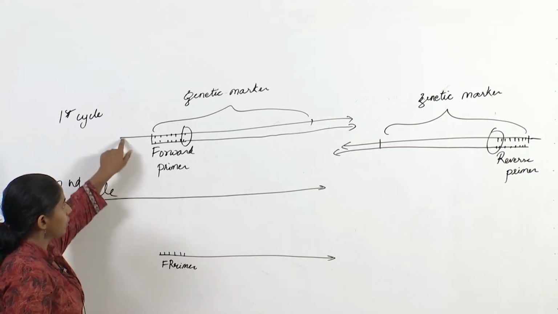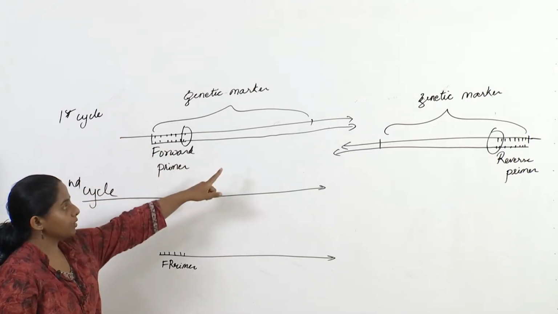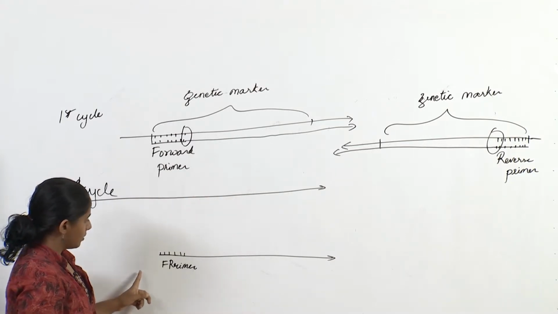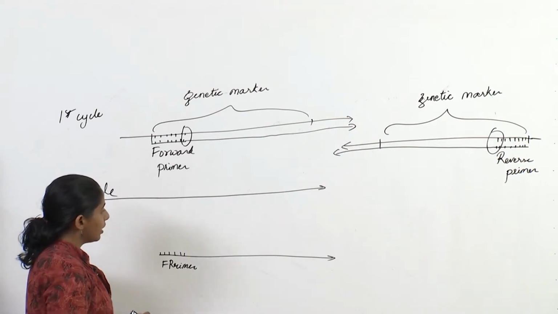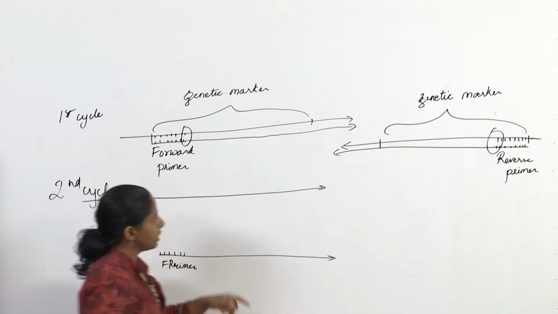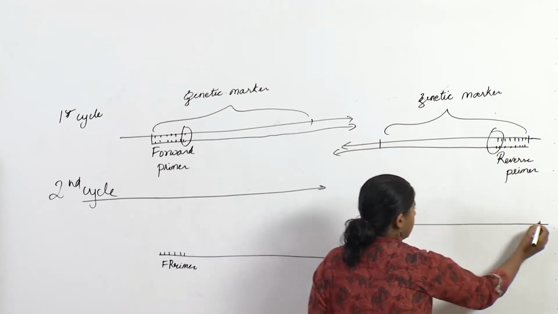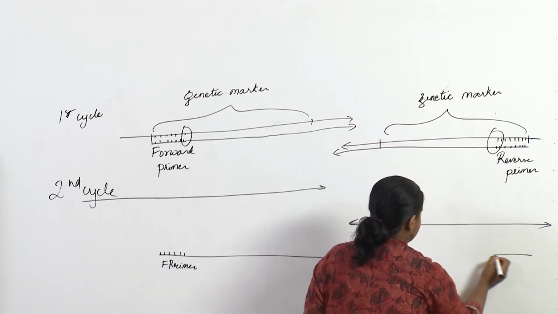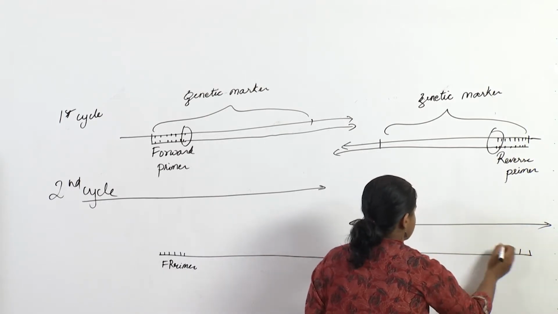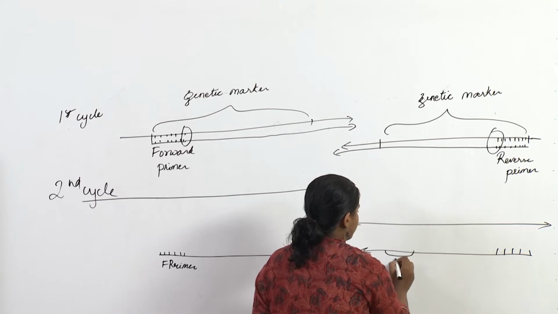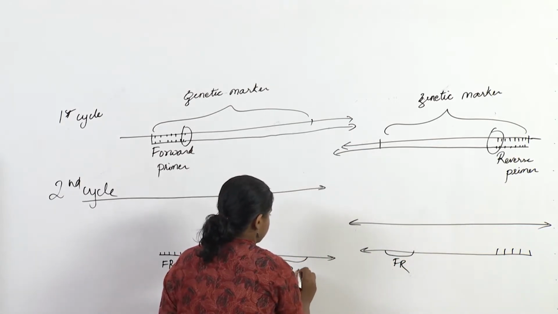Here we have the original DNA left, and then we have the newly formed DNA made by DNA polymerase. And here also we have two. We have the original DNA that goes in both directions, and then we have the newly formed DNA, and here is the reverse primer, and somewhere here the forward primer can fit, and somewhere here the reverse primer can fit.